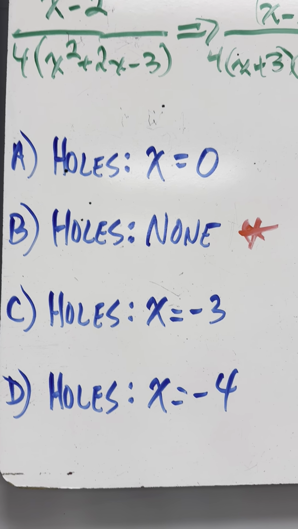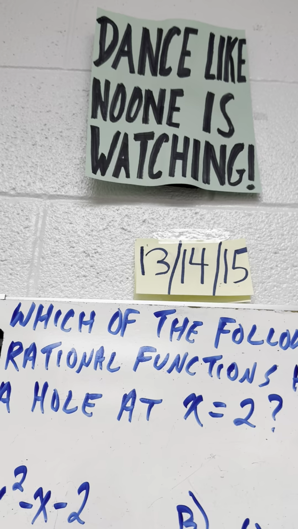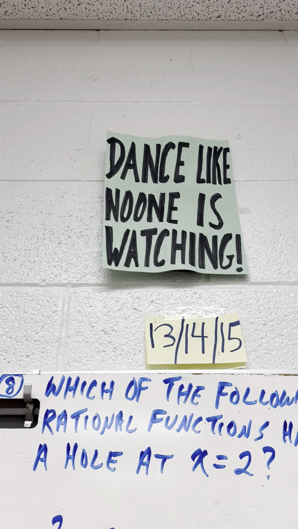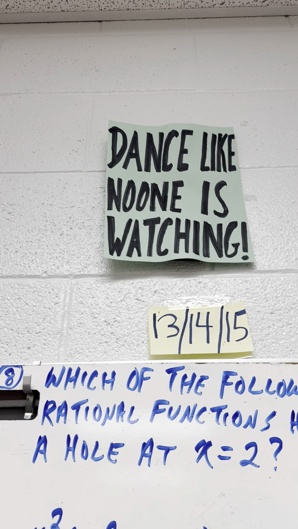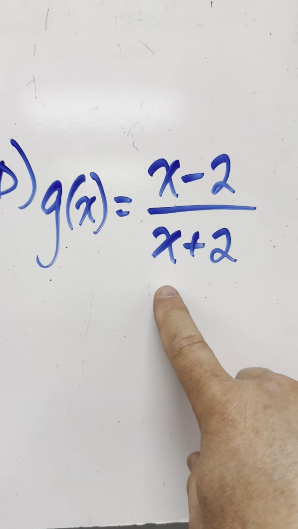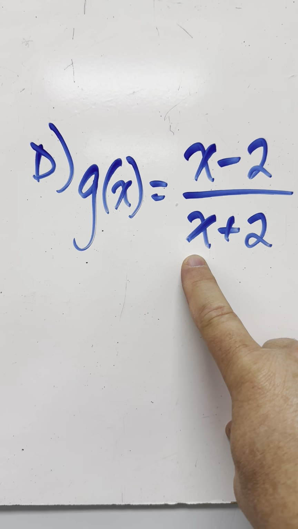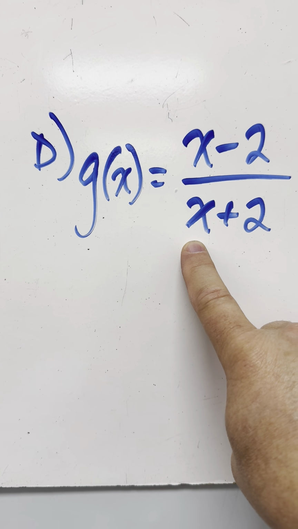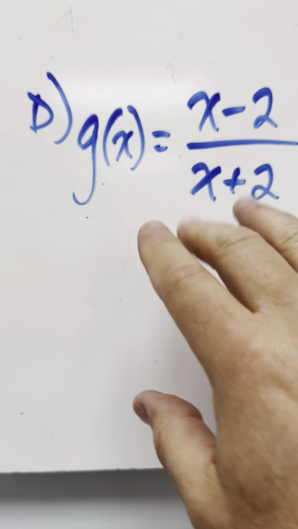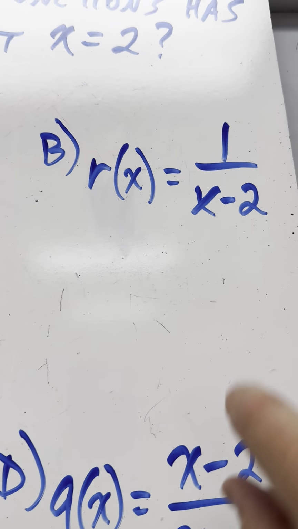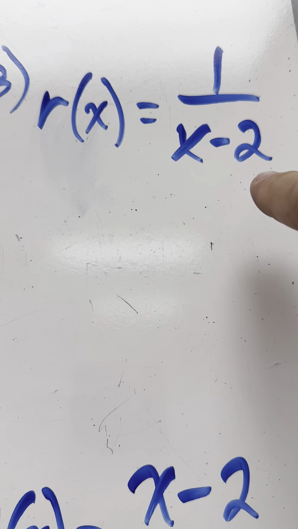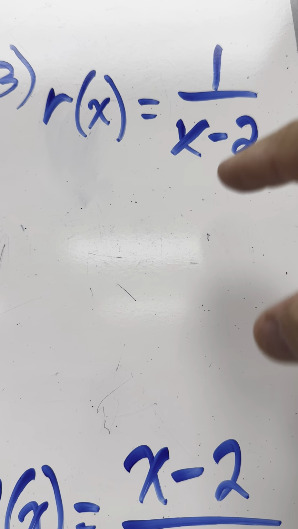Okay? Here, which of the following has a hole at x equals 2? If it's going to be x equals 2, that means this one won't work because x equals negative 2 would have to create the hole here, because negative 2 plus 2 would be 0. So this one's out. Now, this one is out because you'd have to have x minus 2 over x minus 2, and you don't have that here, so there's no hole.